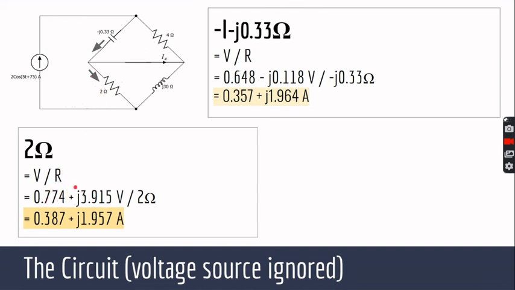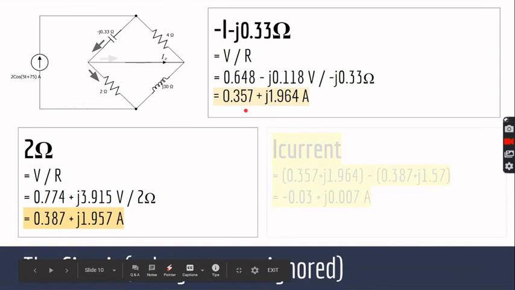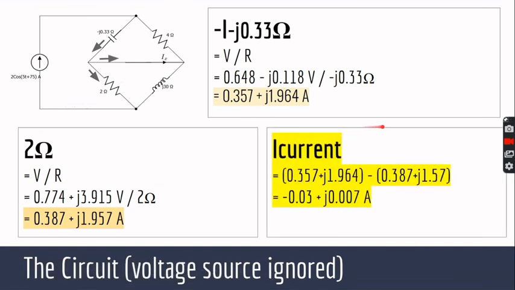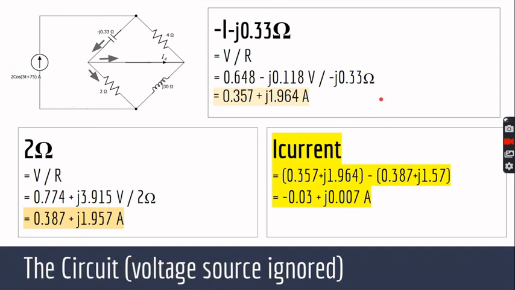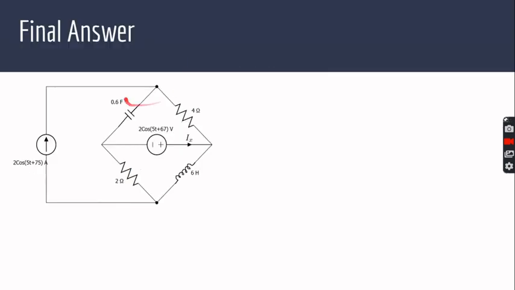We already obtained the voltage passing through, so use the formula, and then you can plug these two numbers into the equation that we've already identified, and you get I current, which completes our second part of this solution. So now we can complete our final answer.